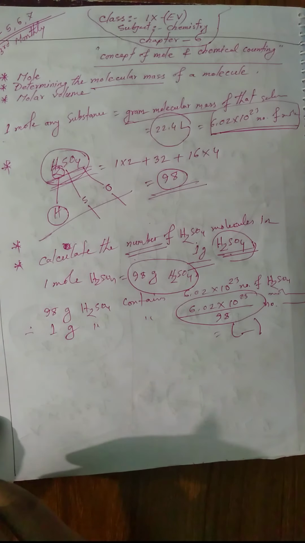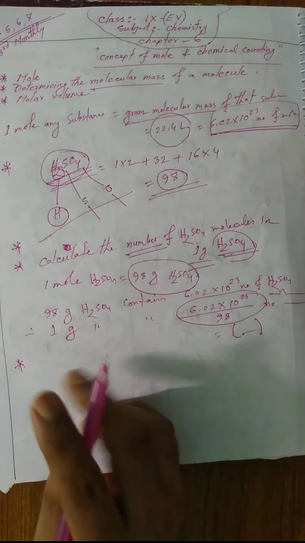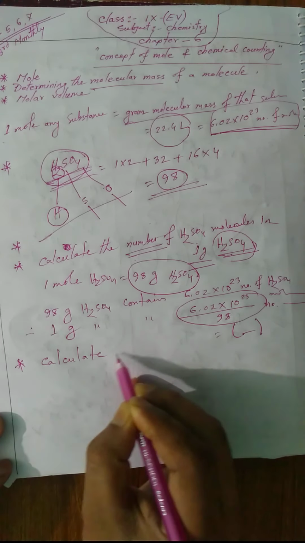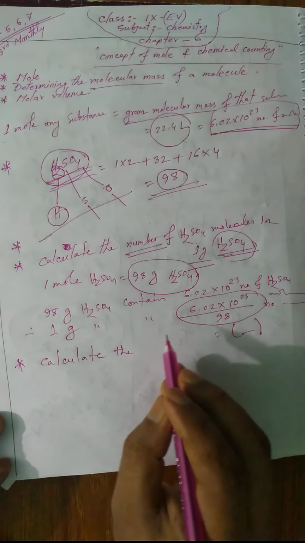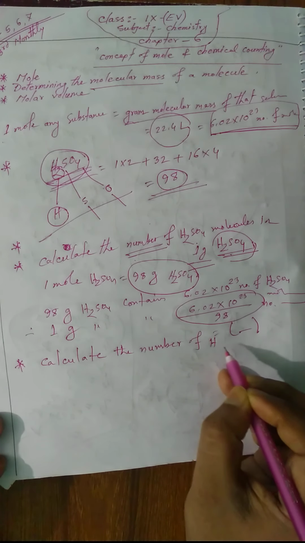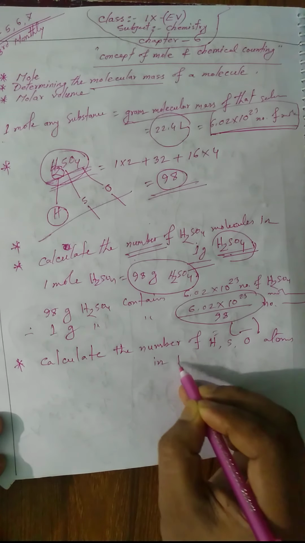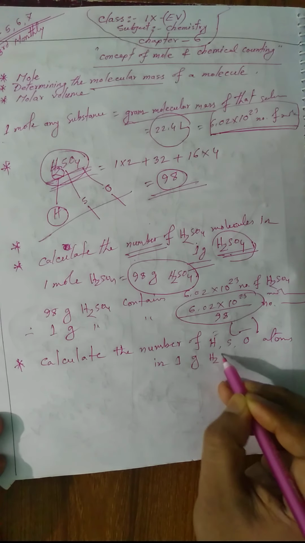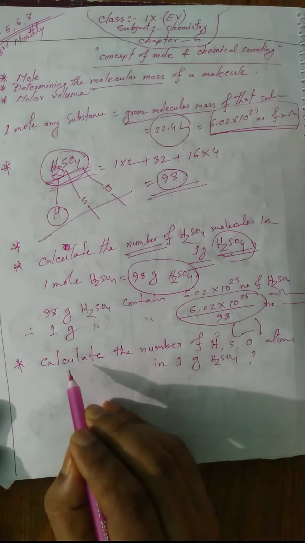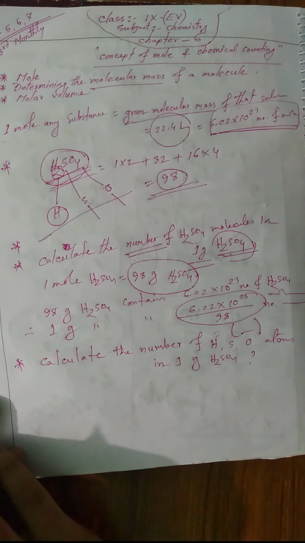I hope all of you have understood this. Now another problem: calculate the number of hydrogen, sulfur, oxygen atoms in 1 gram H2SO4.